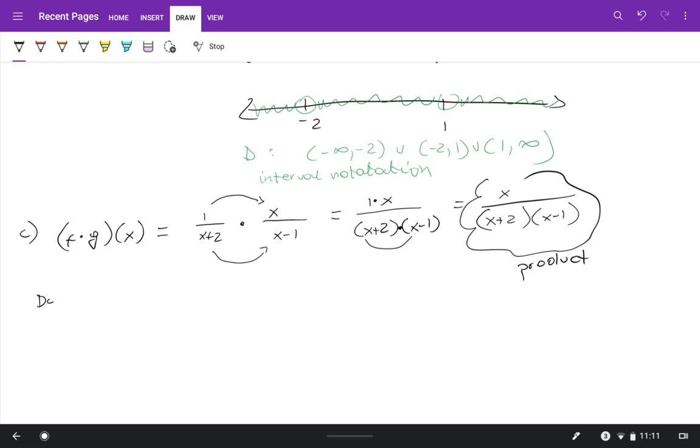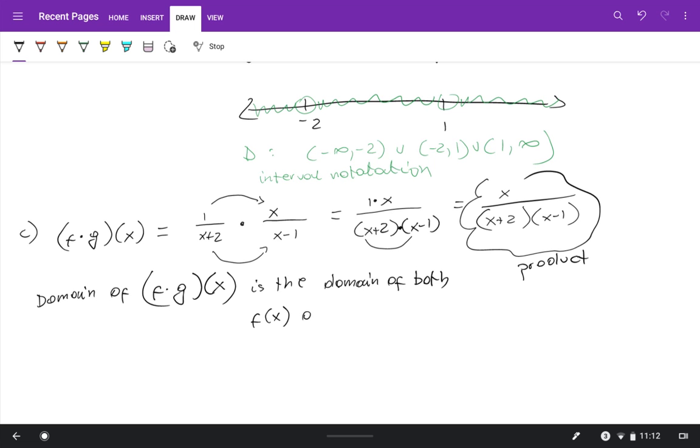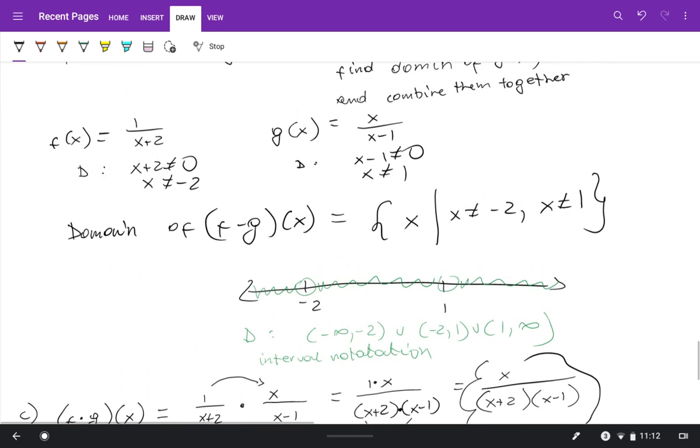So the domain of f times g of x is the domain of both f of x and g of x, of both functions. So the domain of function f is right here: all the x's which cannot be equal to negative 2.